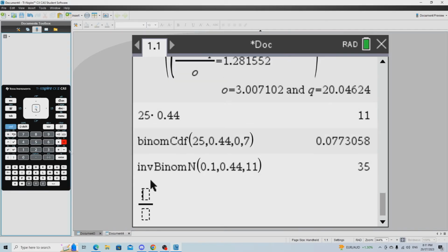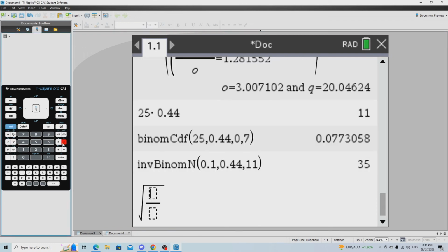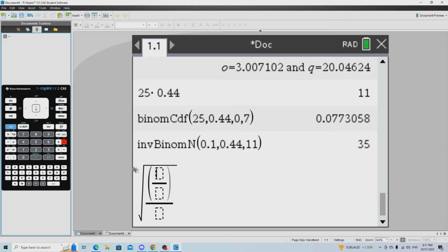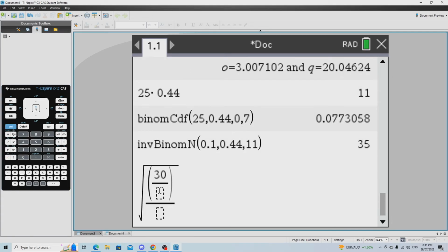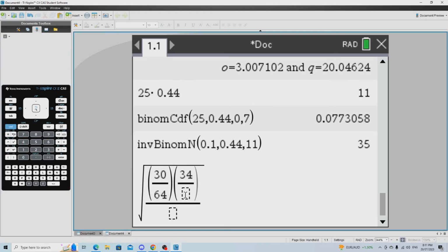Our P value over here is 30 over 64, times 34 over 64, and our value of N is 64 customers.